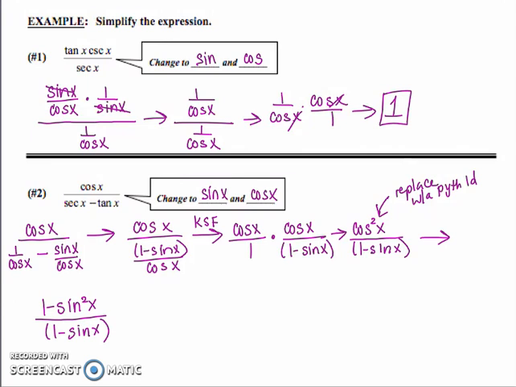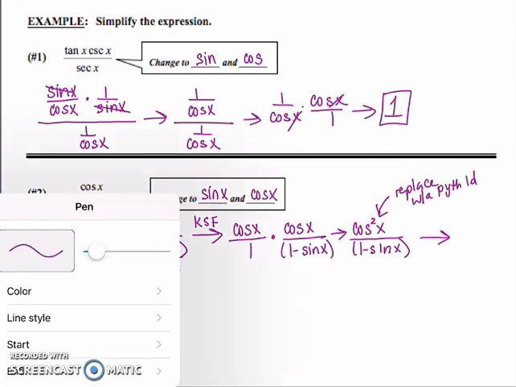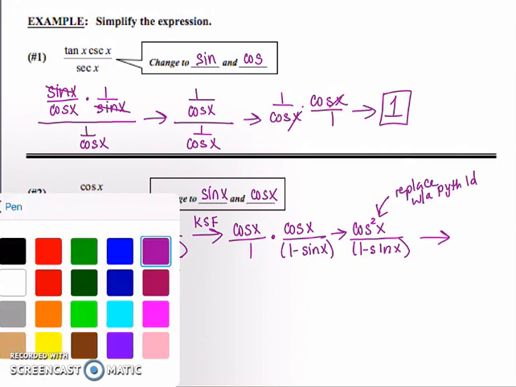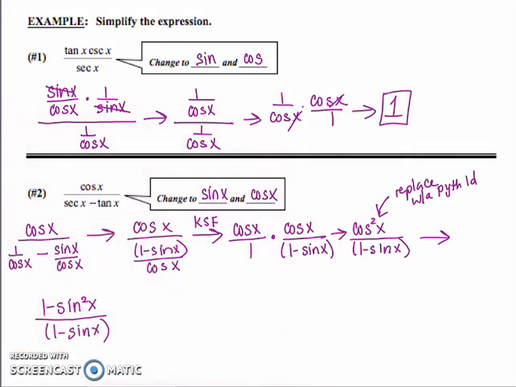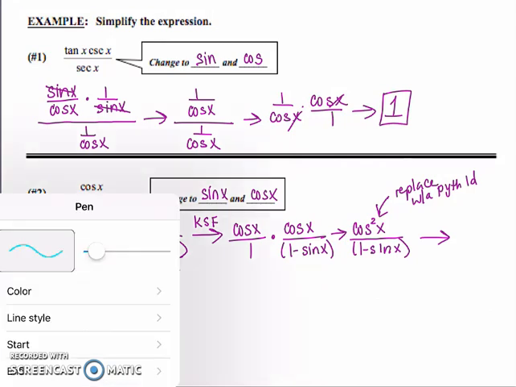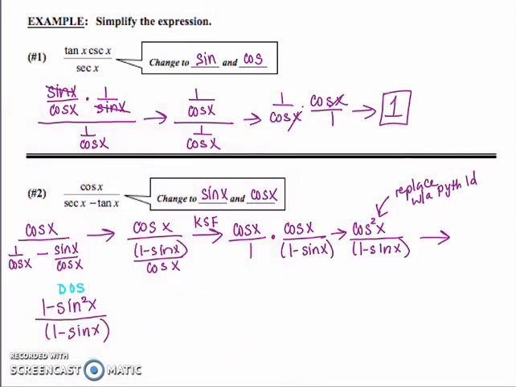However, here's an important thing that you may not be thinking about because we're working with trig functions, but you need to be thinking about it all the time. This numerator is a difference of squares. So it can be factored. So if we factor our numerator, this is going to become 1 plus sine x times 1 minus sine x.